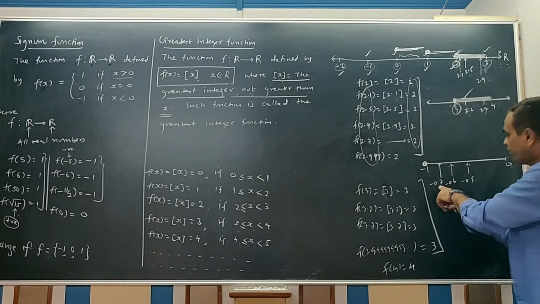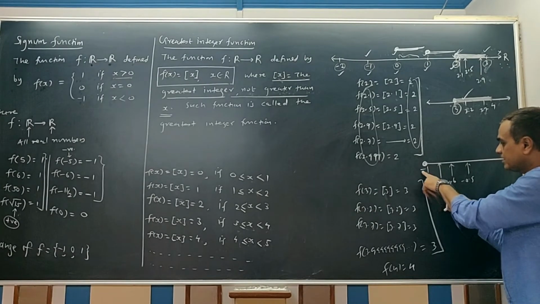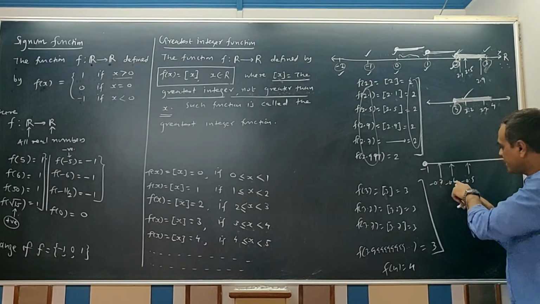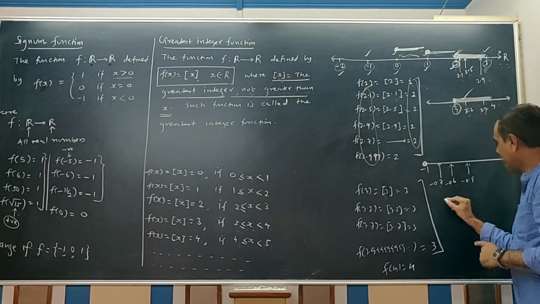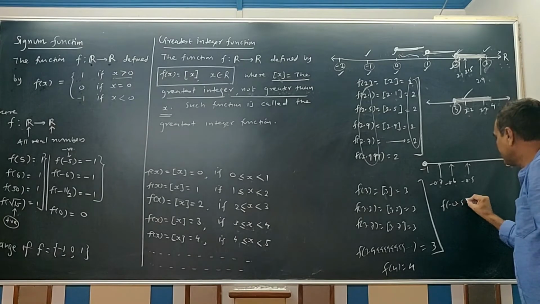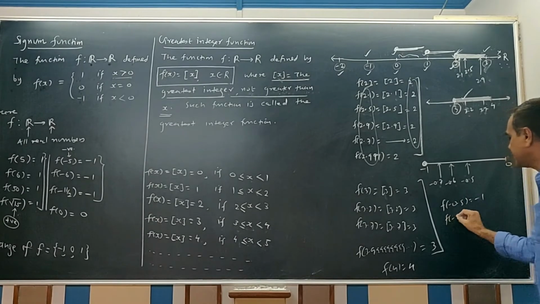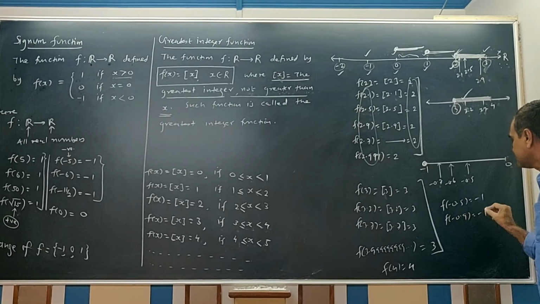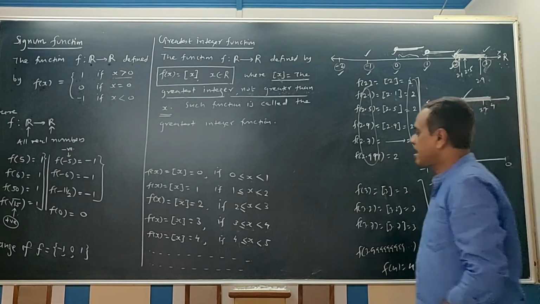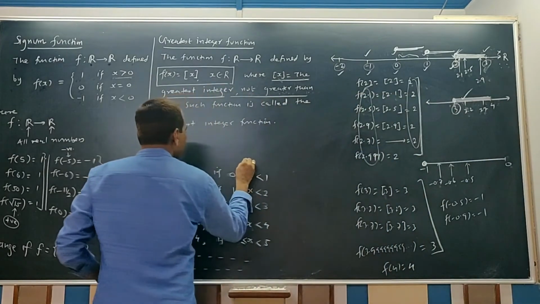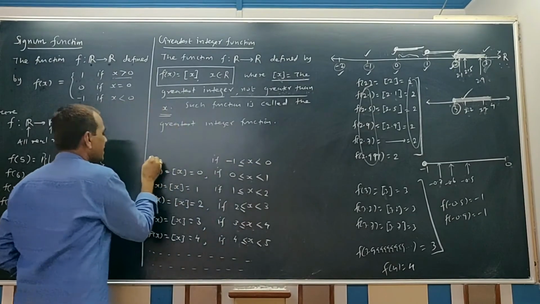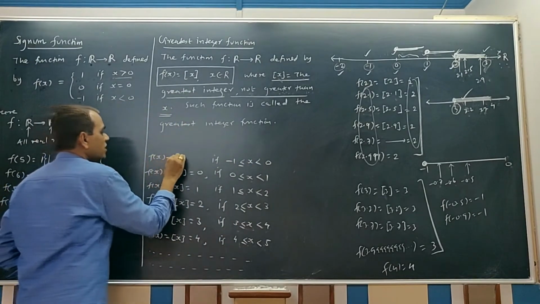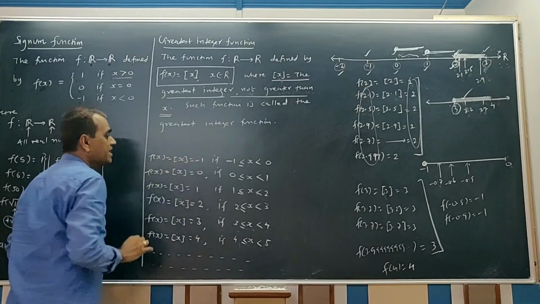You see, f of minus 0.7 is minus 1. f of minus 0.6 is minus 1. f of minus 0.5 is minus 1, like this. So if x is from minus 1 to 0, then f(x) equals minus 1.